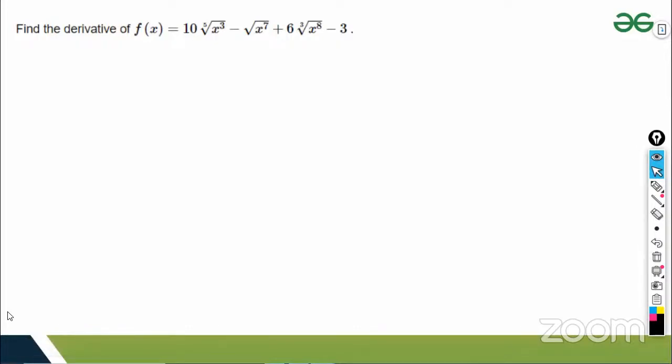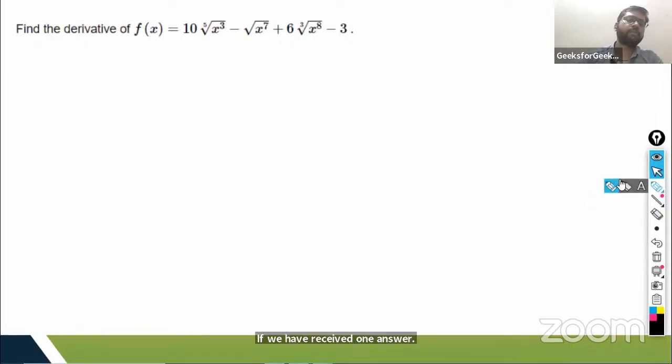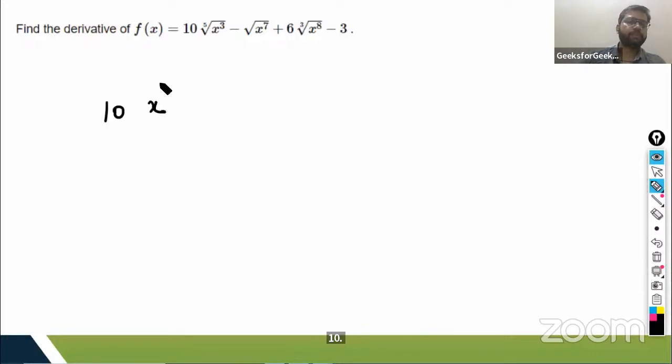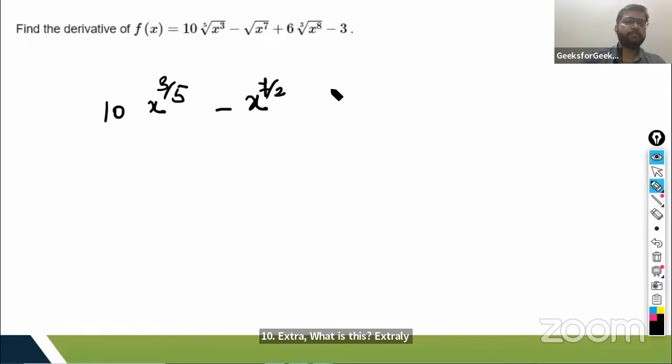Okay, we have received one answer. Your answers: 10 x to the power 3 by 5 minus x to the power 7 by 2 plus 6 x to the power 8 by 3.